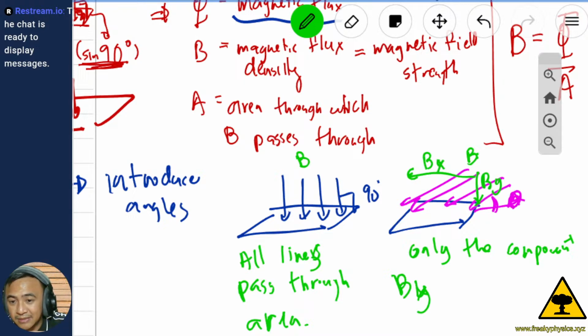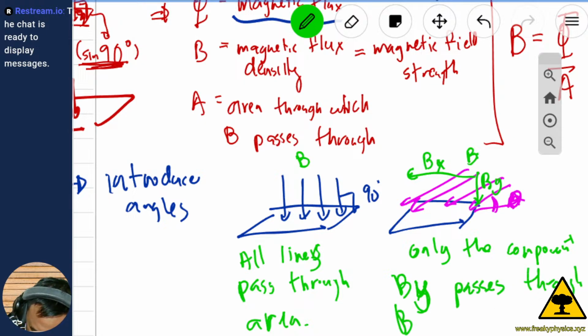So only the component By passes through the area, right? Bx does not.